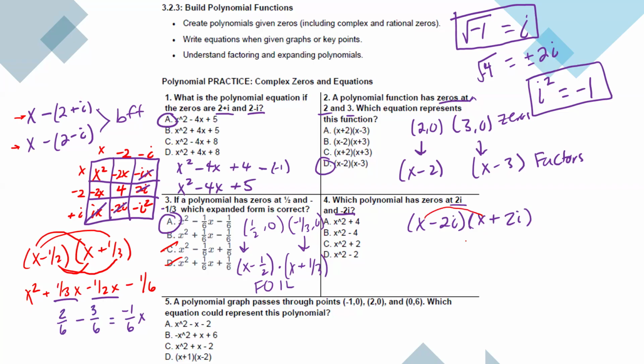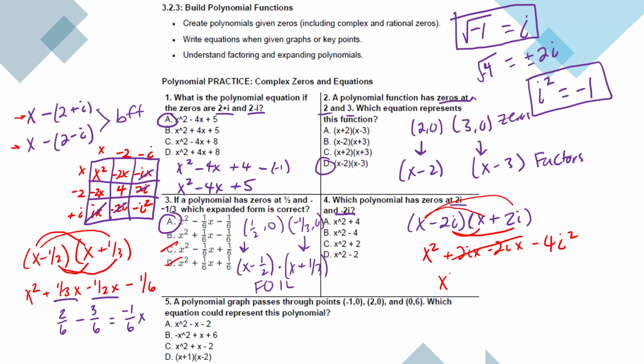So we have x times x is x squared. X times 2i is positive 2ix. Negative 2i times x is negative 2ix. And negative 2i times positive 2i is negative 4i squared. What happens in the middle?